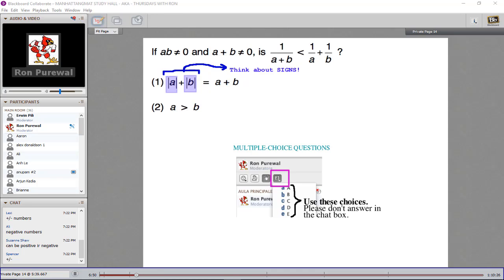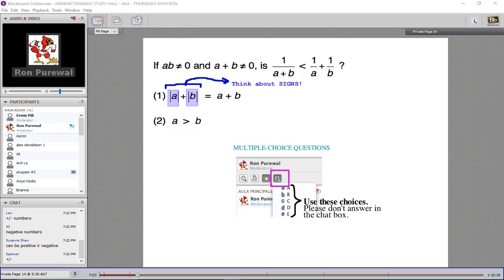Also, this kind of stuff, you got to look at the conditions in the problem. Sometimes they're just bookkeeping, and sometimes they're significant. Like when you see these things that are up here, after the word if, what's going on with AB not equal to 0 and A plus B not equal to 0? What are they doing there?